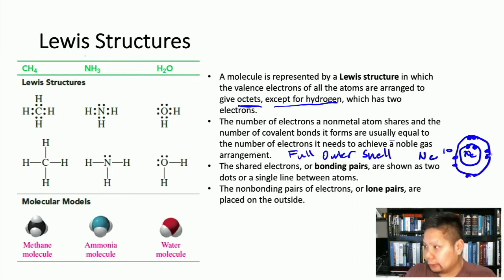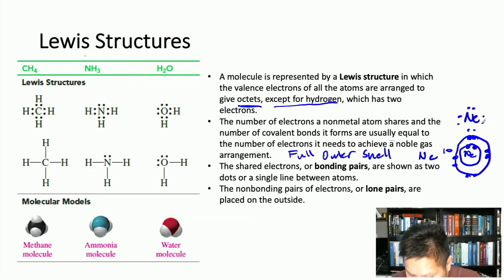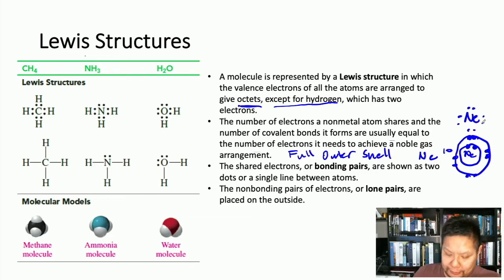So if you wanted to draw the Lewis structure of neon by itself, you wouldn't have to draw any other atoms combining with it, because it has already achieved noble gas arrangement with a full outer electron shell. Other atoms, though, have to combine with other elements so that they can make compounds and achieve the same thing that neon has just by its existence.